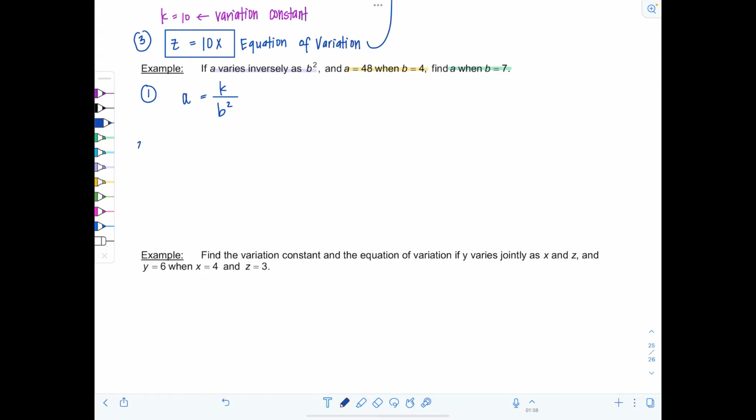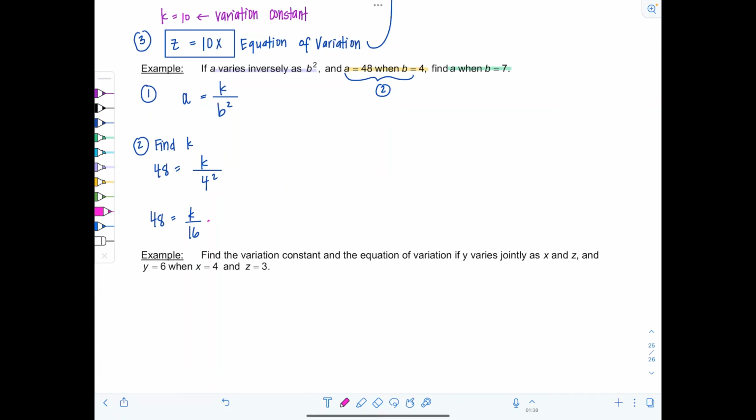Step 2, we need to find k. How do we do that? They're always going to give you info so you can do it. Here's step 2's info right there. A is 48 when b is 4. Oh, okay. So 48 equals k over 4 squared. So that means 48 is equal to k over 16, right?